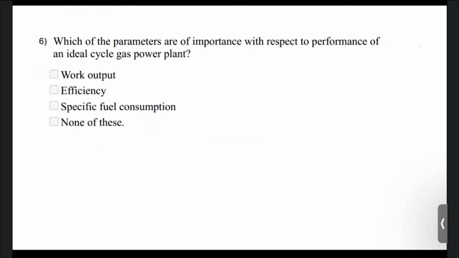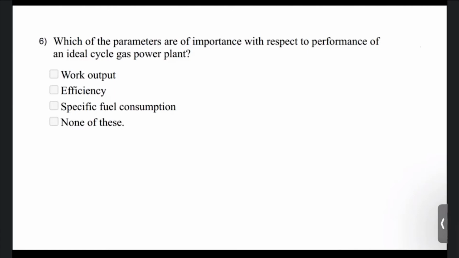The next problem is: which of the parameters are of importance with respect to the performance of an ideal cycle gas power plant? Whenever we analyze a cycle, we always focus on work done or efficiency.